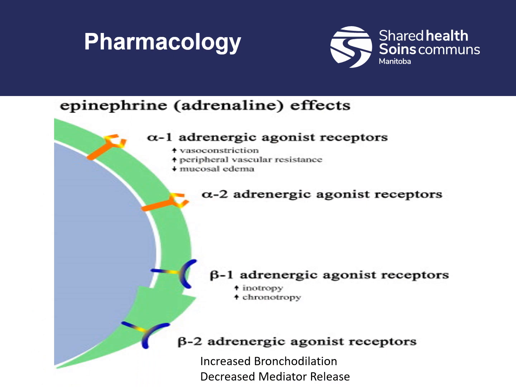Now, how does epinephrine work for us? Huge systemic effects. Whether we're looking at our bronchoconstriction patients or anaphylaxis, this is a one-stop shop for us. On the alpha-1 side of things, if required, in your anaphylaxis presentation, it encourages vasoconstriction and increases peripheral vascular resistance, decreasing mucosal edema.